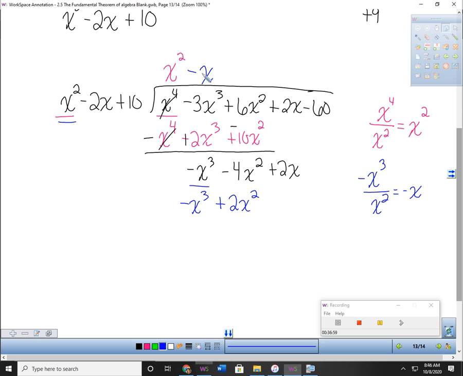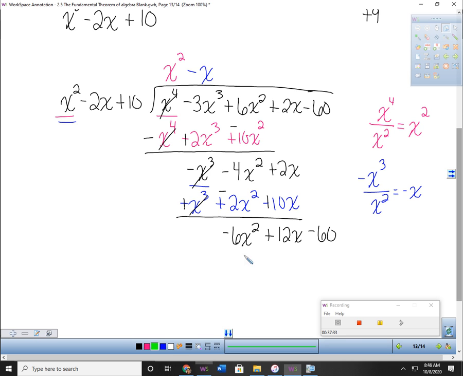And negative x times 10 is negative 10x. Then you subtract. So that means this is going to be a positive, this will be a negative, and this will be a positive. The first two cancel. Negative 4x squared and negative 2x squared make negative 6x squared. 2x and 10x make 12x, and I need 3 terms, so I'm going to drop down the negative 60.